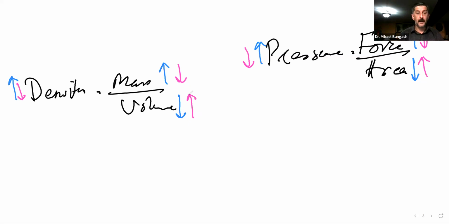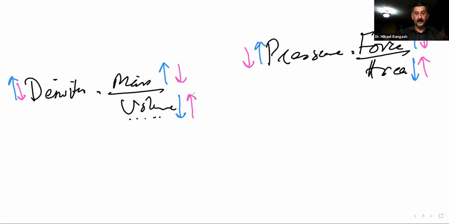Now, please keep in mind, when we say something like this, that an increase in mass increases the density, that's as if you keep volume constant. That means we're establishing the direct relationship between density and mass.